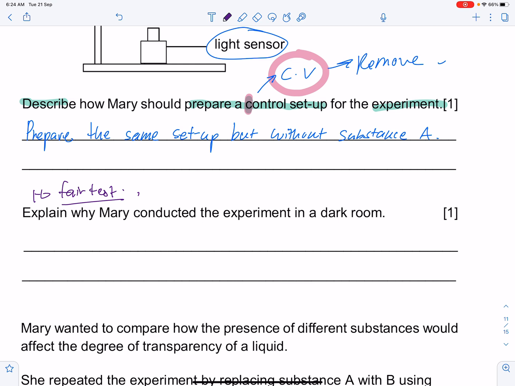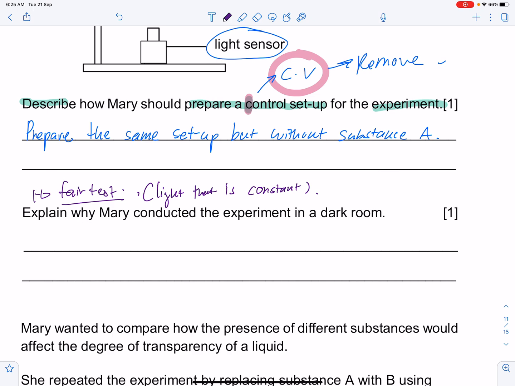But in this case, you need to be specific. You cannot just say, oh, it is to ensure that it's a fair test. You need to identify which variable you're trying to keep constant. So in this case, it is the light that you want to keep constant, right?